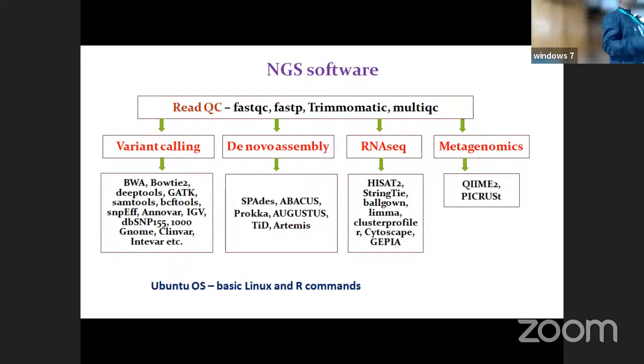If you have a gene finding class, you must be reading about Prokka and Augustus; these are the two genome annotation tools. Then TID for target identification, Artemis for visualization. Then for RNA-seq, HISAT2, StringTie, Ballgown, Limma, clusterProfiler, Cytoscape. All these things we will be doing today in the RNA-seq practical. Then for metagenomics, you can study QIIME or QIIME2 and PICRUSt.